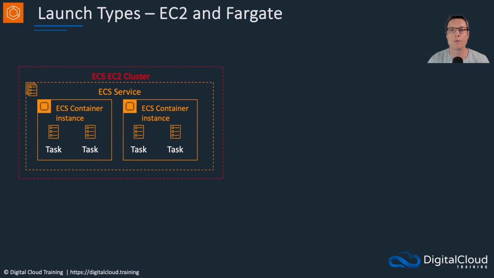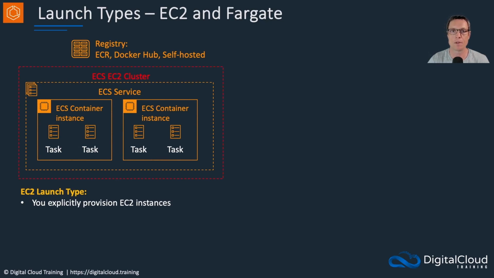There's quite an impact in terms of what your costs are going to be, how you manage your infrastructure on ECS. So firstly, we have the EC2 cluster. This supports registries including ECR, Docker Hub, and self-hosted. For the EC2 launch type, you explicitly provision EC2 instances into your account. They have the container agent installed, they need to have the right permissions for ECS, and you need to join them to the cluster. You're then responsible for managing those EC2 instances, and you're charged per running EC2 instance.